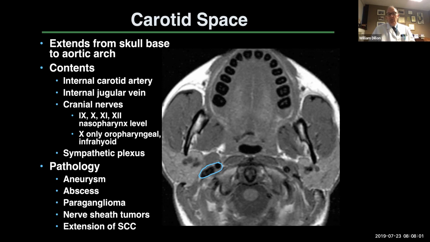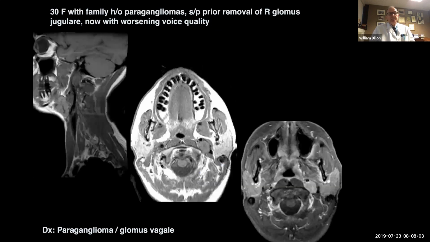And masses here will push the carotid and jugular forward. So here's an example of a mass on MR scanning, and you can see the carotid artery and jugular vein are separated. They're pushed by a patient who has a family history of paragangliomas, had a prior removal of a glomus tumor, and now has a paraganglioma of the glomus area, glomus vagale.